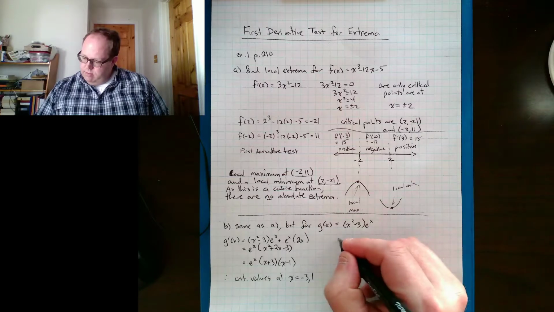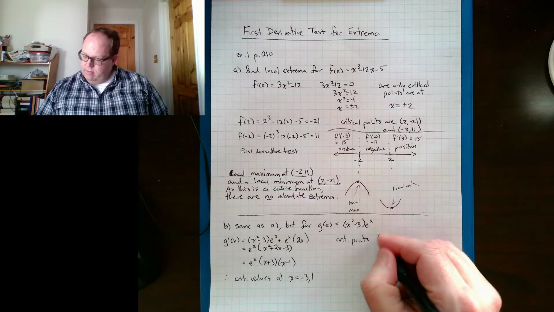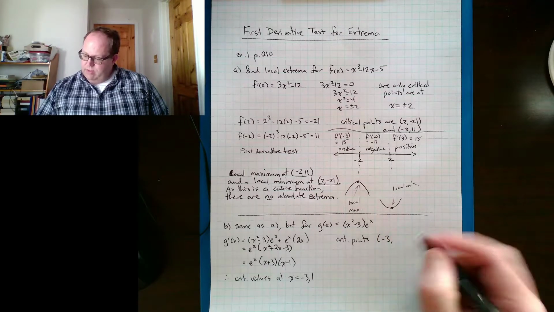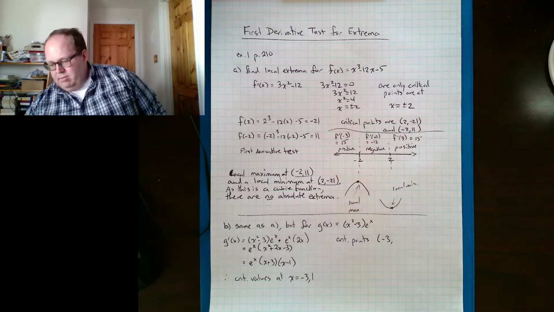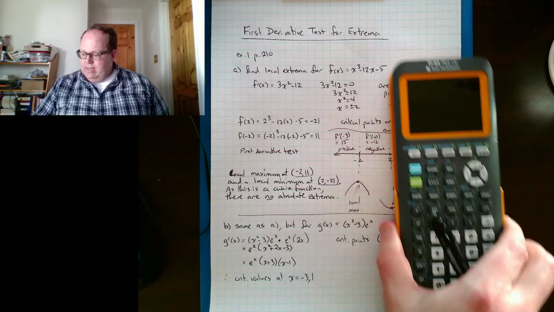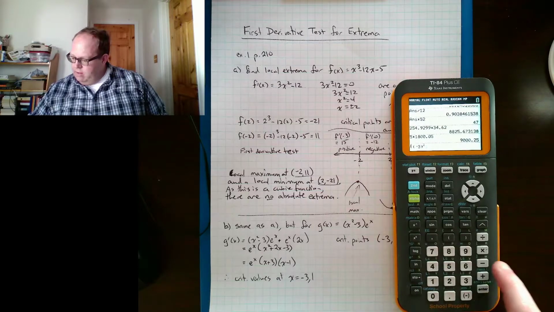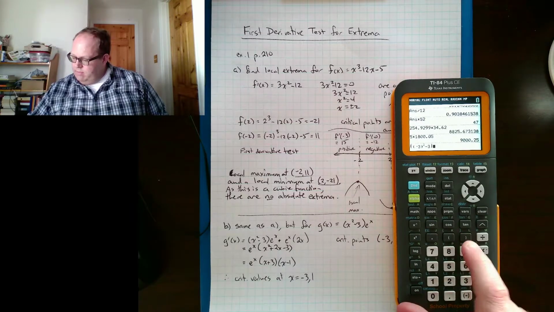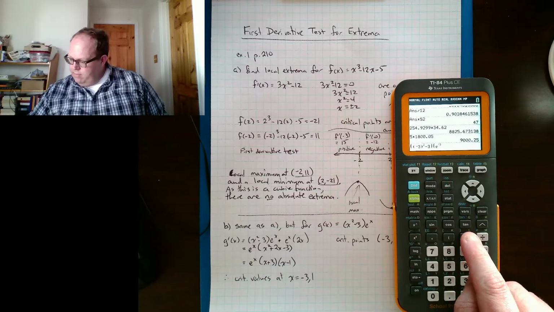So I can figure out my critical points. When x equals -3, y is going to equal 6 times e to the -3, and I'm going to use my calculator to get a decimal approximation of that. I have -3 squared minus 3 times e to the -3.